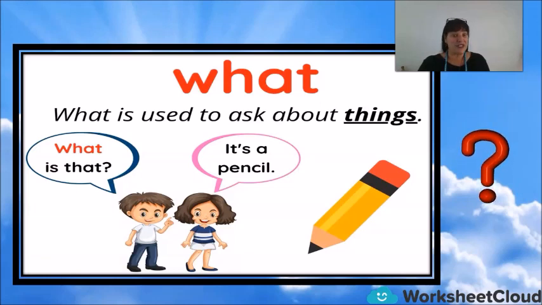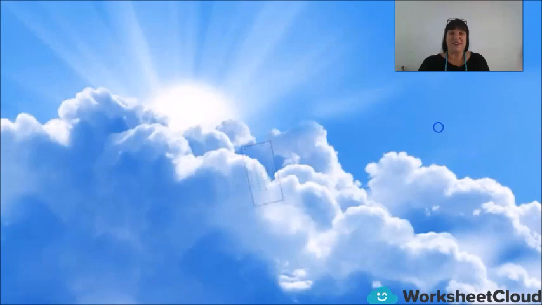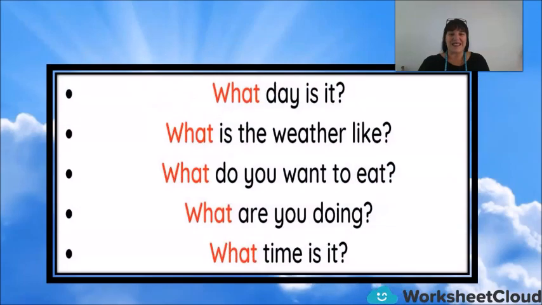Let's look at a few questions with the word what in them. What day is it? What is the weather like? Well, perhaps it's raining. Perhaps it's sunny. It needs an answer. What do you want to eat? Is our question.